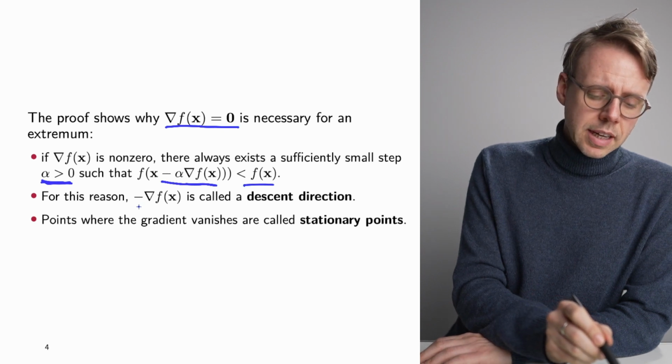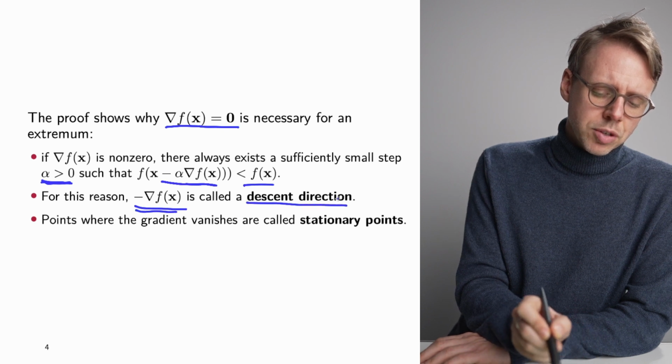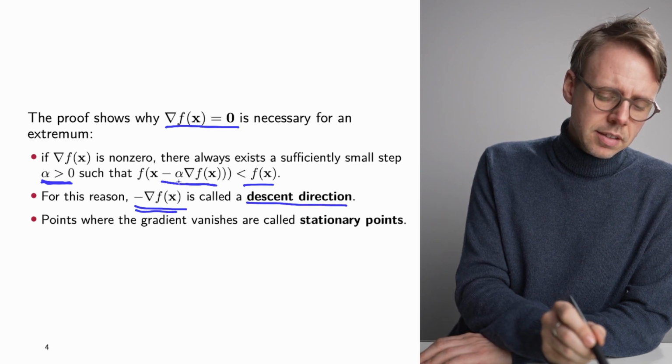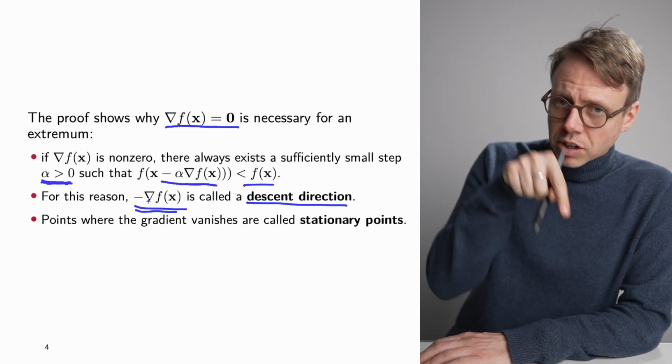It also means that the negative gradient is a descent direction, because if we make a tiny alpha step in this direction, our function goes down.